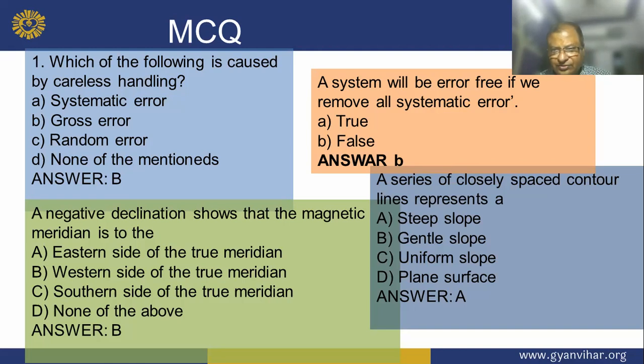Next question. A series of closely spaced contours indicates what? The correct answer is A, steep slope.